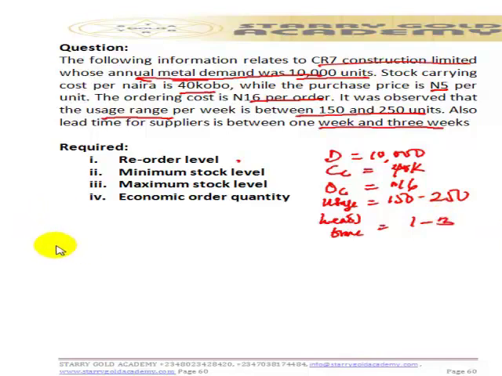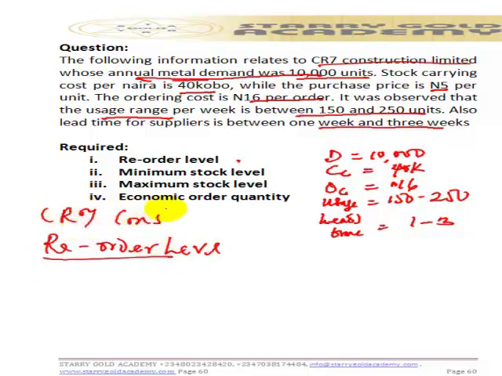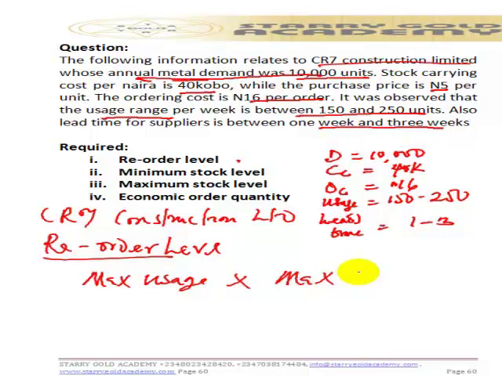So based on what we have, we can calculate our reorder level. We are dealing with CR7 Construction Limited. So the reorder level is going to be the maximum quantity that is used multiplied by the maximum lead time.